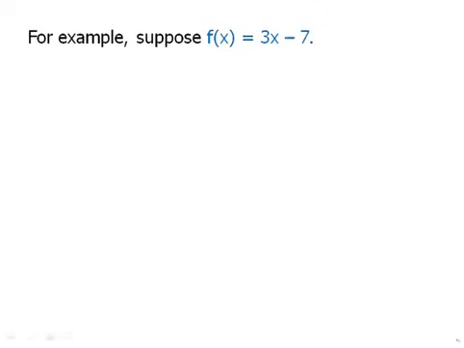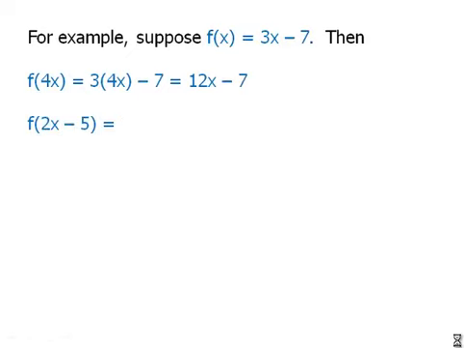For example, let's stick with this function, a nice simple linear function, f of x equals 3x minus 7. Then f of 4x, well, what would that mean? That means we're going to multiply 4x by 3 and subtract 7. So if we simplify this, we get 12x minus 7. F of 2x minus 5: we're going to replace the x in the function equation with 2x minus 5.